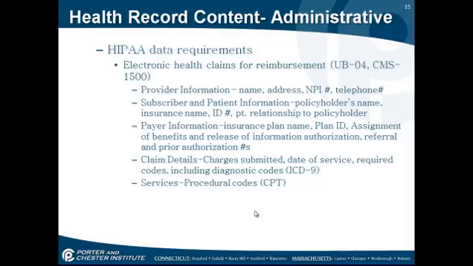Some insurance companies require that we get prior authorization before some tests are obtained, and so we need to make sure that's all in place in order for a patient's payer to reimburse us. There will be claim details on there. Once a patient is seen, we're going to submit charges based on what the procedures were and what the diagnoses were.